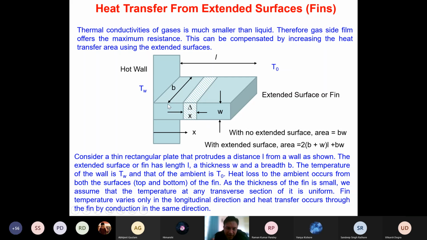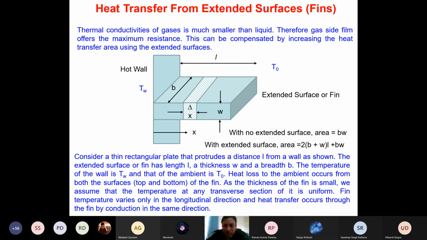If I take any cross section here or here, the temperature is constant along the transverse direction, but the temperature is going to vary along the longitudinal direction. As I move from the base to this end, my temperature is going to vary, but it is not going to vary from top to bottom. Do you all agree?